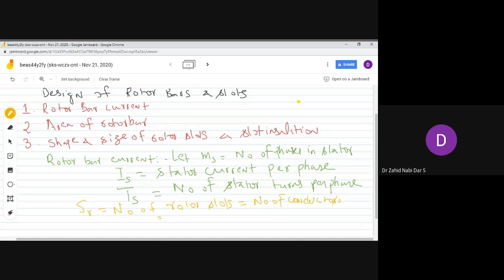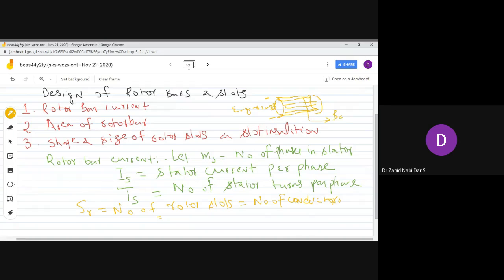The squirrel cage gets its name because it is shaped like a squirrel cage. Your rotor has end rings, which are shorted. These are the end rings, and these are the bars.